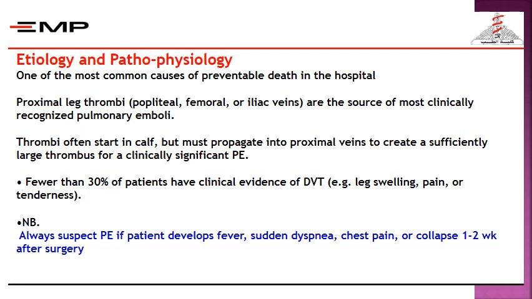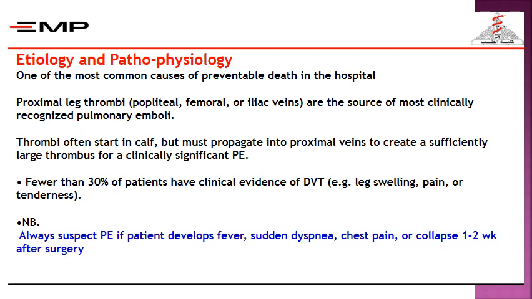So pulmonary embolism must be treated on suspicion. I mean, treat the patient as pulmonary embolism until proved otherwise. Suspect pulmonary embolism in every patient with sudden unexplained dyspnea and tachypnea.